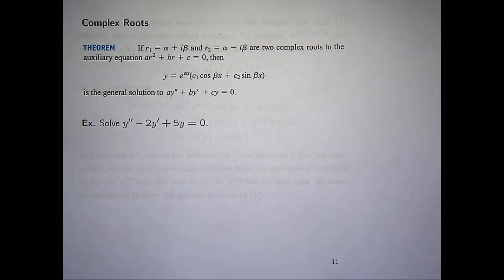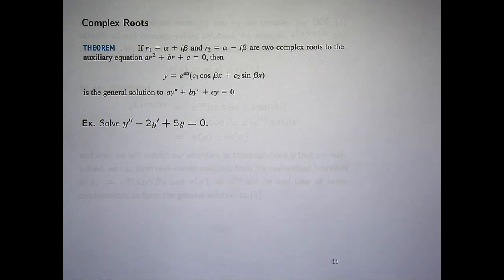Now the third case is when we solve the characteristic equation and the quadratic equation leads to complex valued roots. Okay?